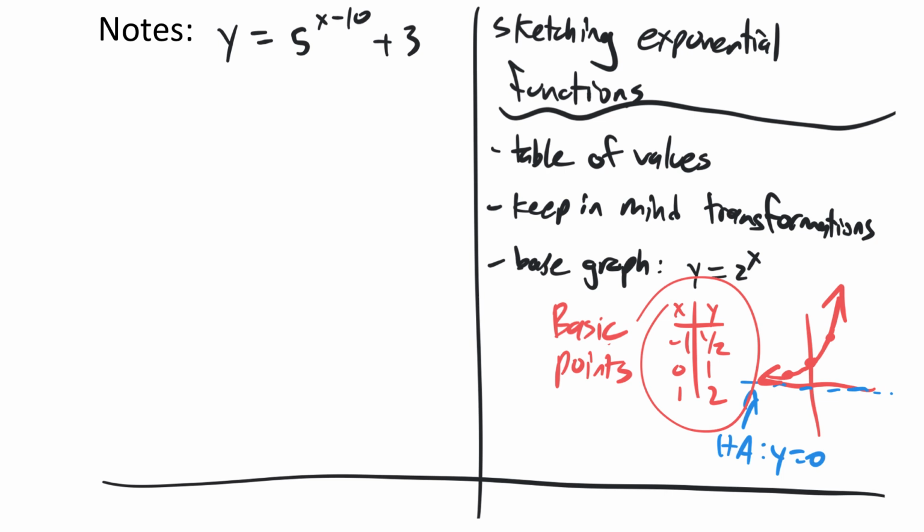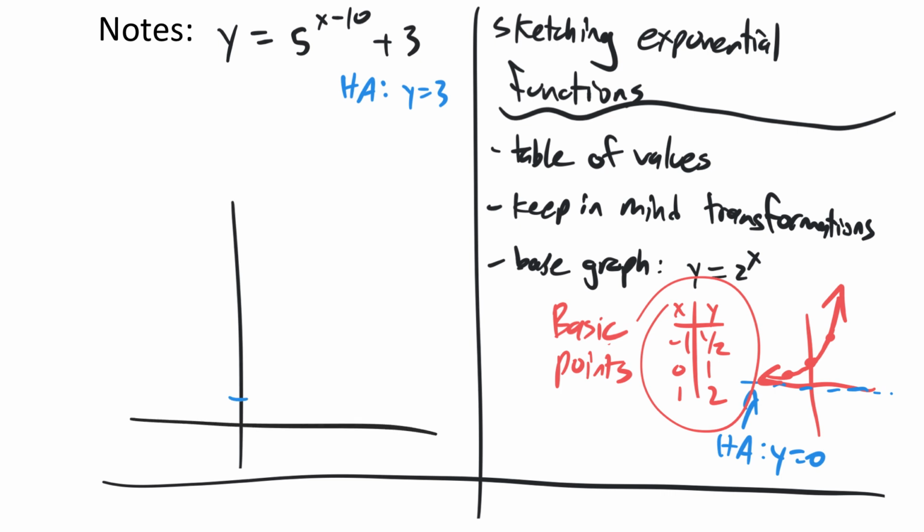All right, so the horizontal asymptote will be at y equals 3. So on our graph here, 1, 2, 3. And then for our points, we're probably going to pick x values centered around 10, because it used to be centered around 0.